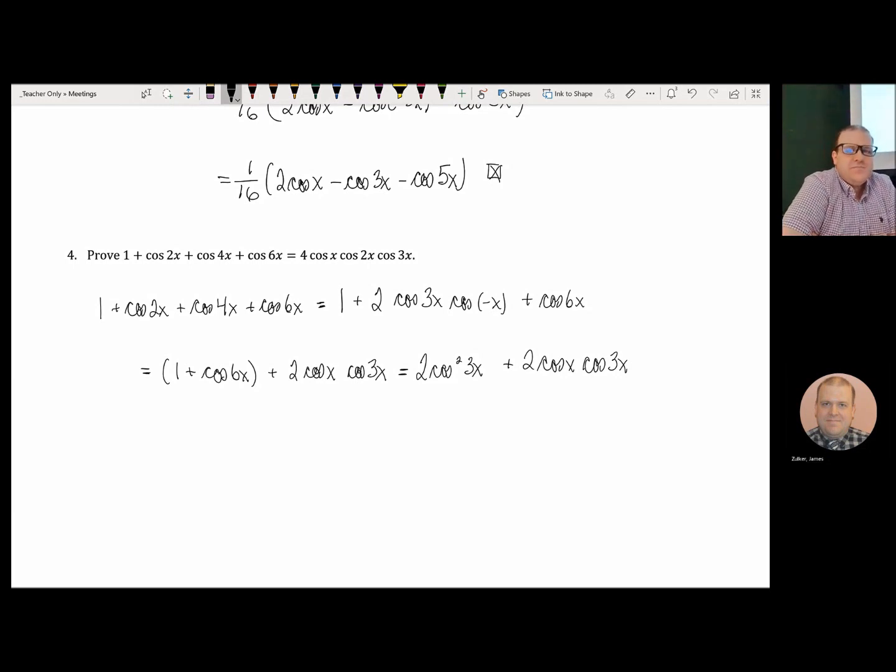Wait, what happened to 1 plus cosine 6x? If you divide that whole thing by 2, 1 plus cosine 6x all over 2, that's the reduction identity for cosine, but that'd be cosine squared of 3x. Since we're not dividing it by 2, it's being doubled, that'd just be 2 cosine squared of 3x.